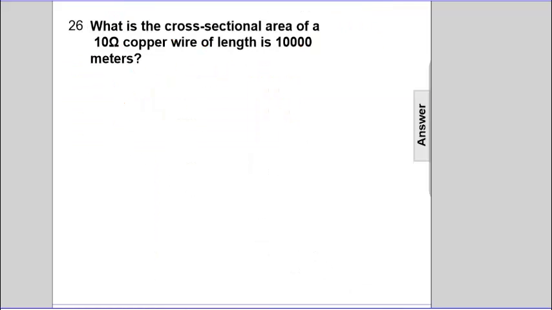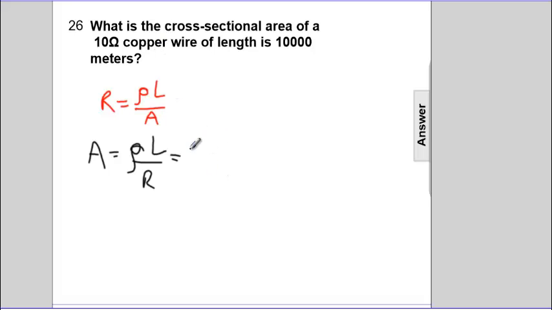What is the cross-sectional area of copper wire whose length is 10K meters and resistance is 10 ohms? Again, what we'll do is to paste the equation. Oh, there's our friend, still there, and we can solve this for A. And the area using this equation is the resistivity times the length divided by the resistance.